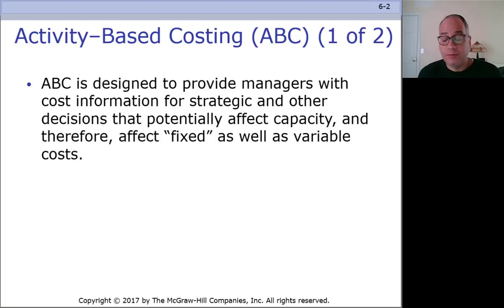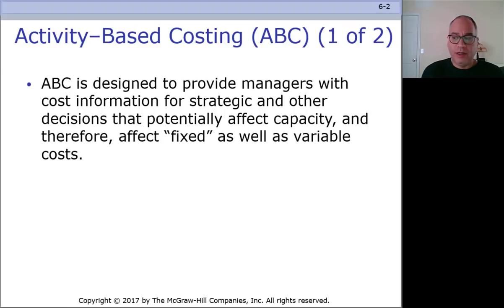If you remember, variable costing differentiated between variable costs, costs that change with volume, and fixed costs. Absorption costing included fixed manufacturing overhead in the cost of the products.